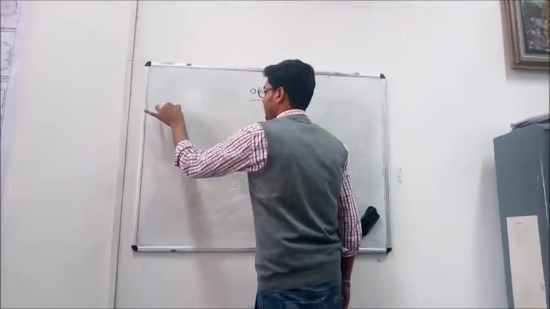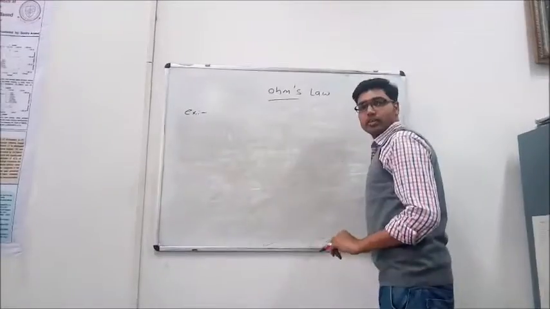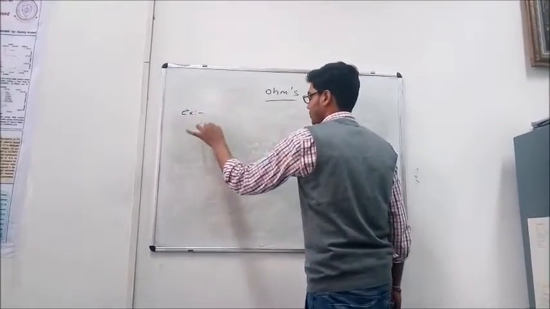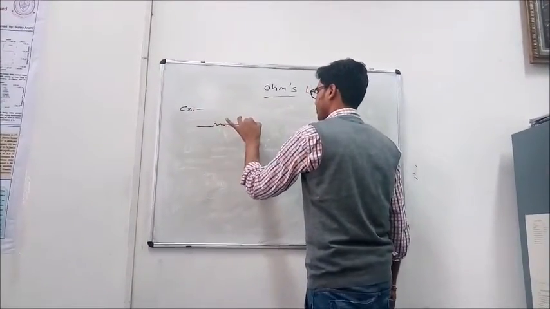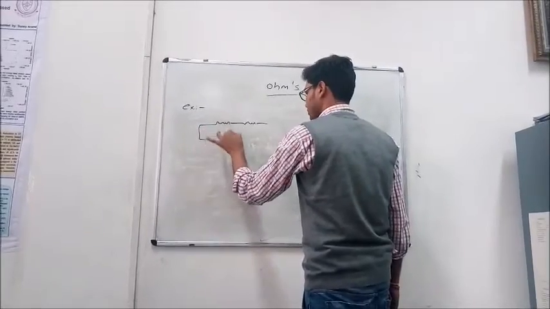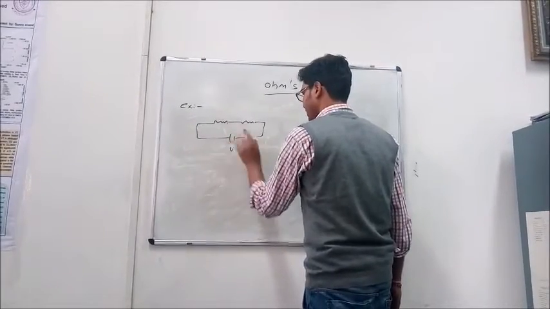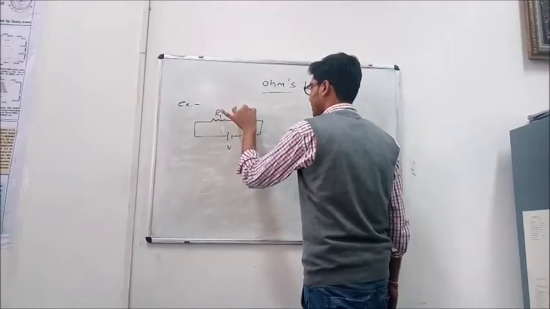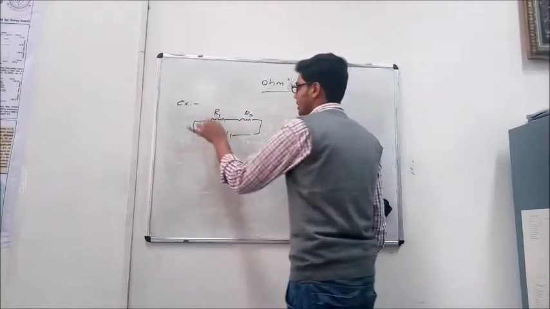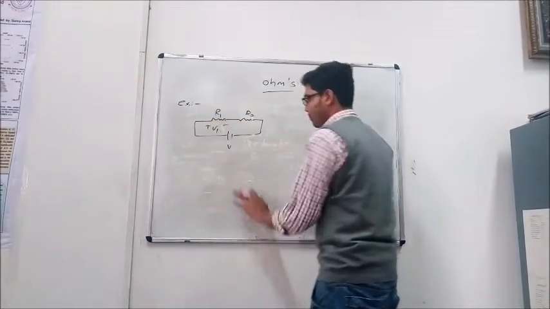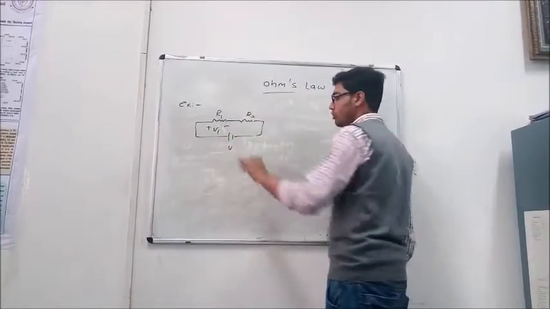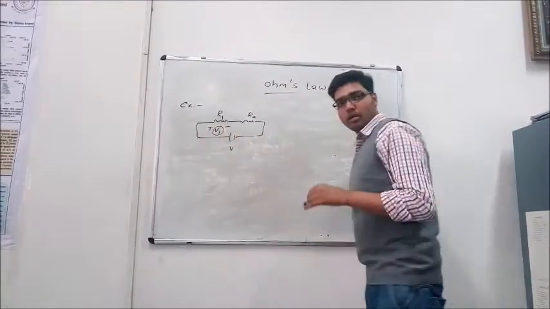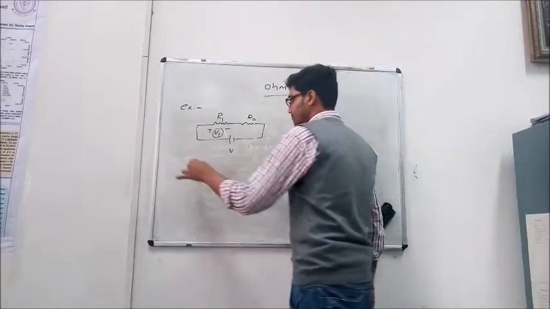So for the example, first I would like to derive one thing. If the voltage is V and the resistances are R1 and R2, where V, R1 and R2 are known, how will we be able to calculate V1? That is our motive.